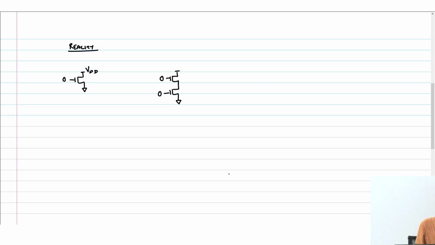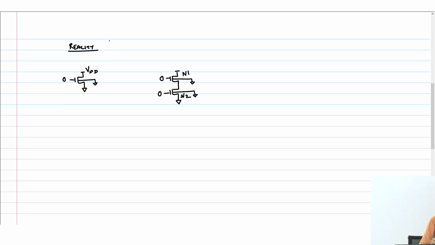So do you remember what I called N1 and what I called N2 in last class? Can you tell me? Top is N1. Okay, just to keep the notation consistent. N1, N2. Okay, this body is grounded. This body is grounded. This is grounded.